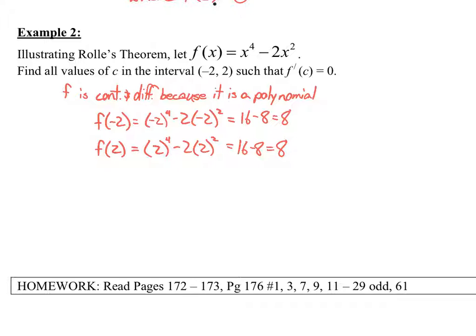So the y value is the same. f of -2 equals f of 2. So I've got that condition met. Now I know by Rolle's theorem there has to be at least one value. Okay, so now let's find it.